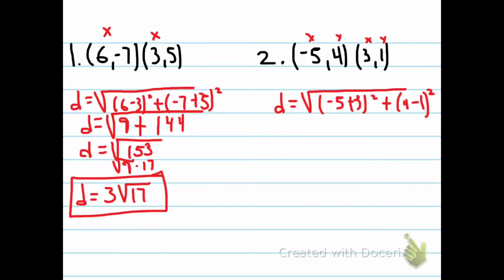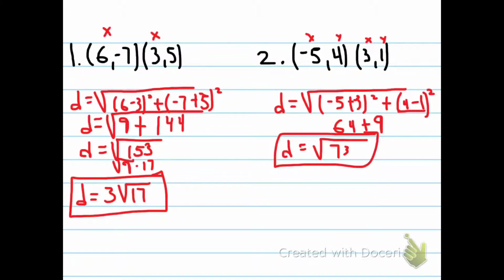Negative 8 squared would be 64, plus this will equal 3. So 3 squared is 9. So d equals the square root of 73. And this is our final answer, because the square root of 73 cannot be simplified.